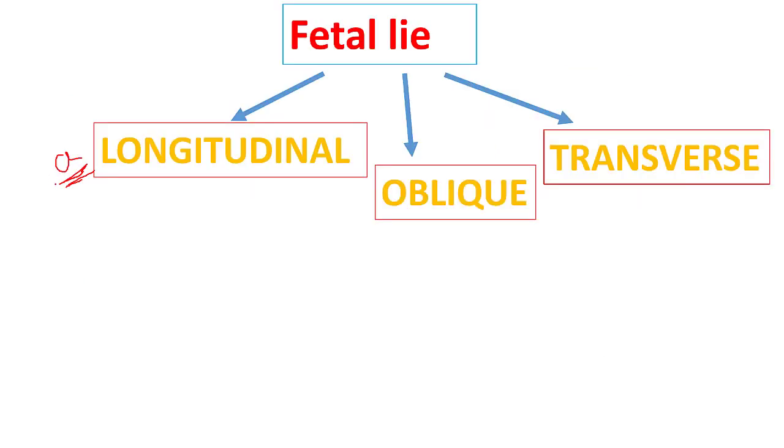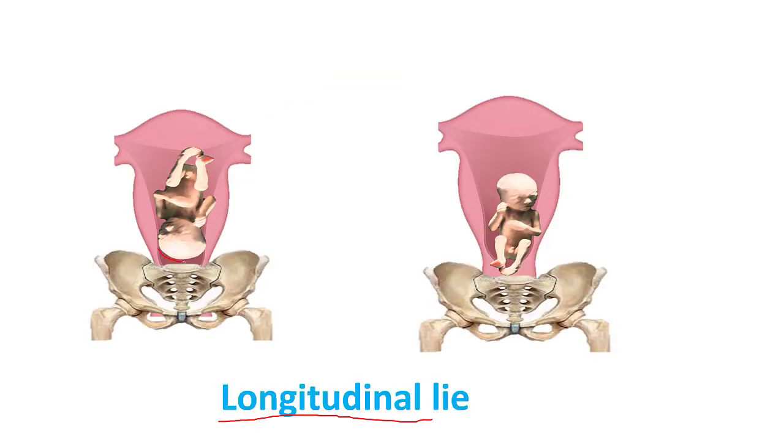Now what is the normal fetal lie? Longitudinal lie is the normal fetal lie, right? But in normal fetal lie, the presenting part will not always be normal. The fetal head can first go into the maternal pelvis, meaning there can be a cephalic presentation or a head presentation, or the fetal buttocks can first overlie the maternal pelvis.